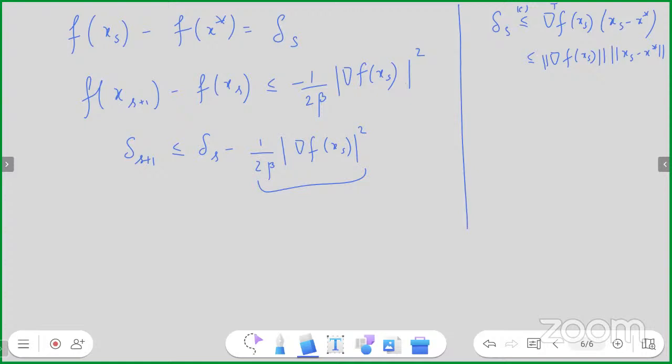Yeah, because we can use that. You can write it as del.